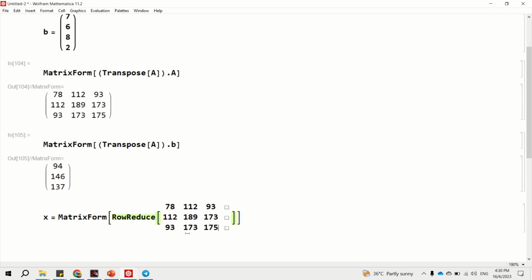These are the matrix entries that need to be put in this row reduce. Okay, then press Shift Enter.